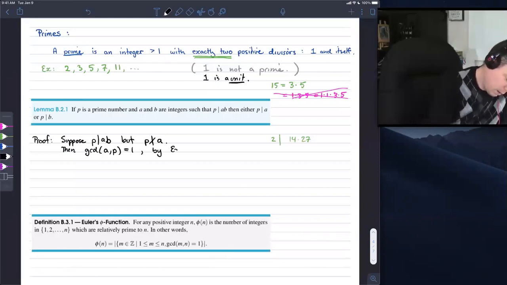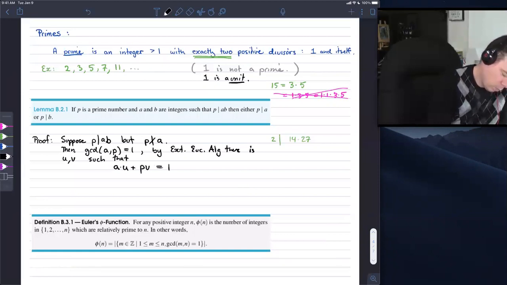And by the extended Euclidean algorithm, we know that there are U and V, integers, such that there's a linear combination of A and P that's equal to 1.